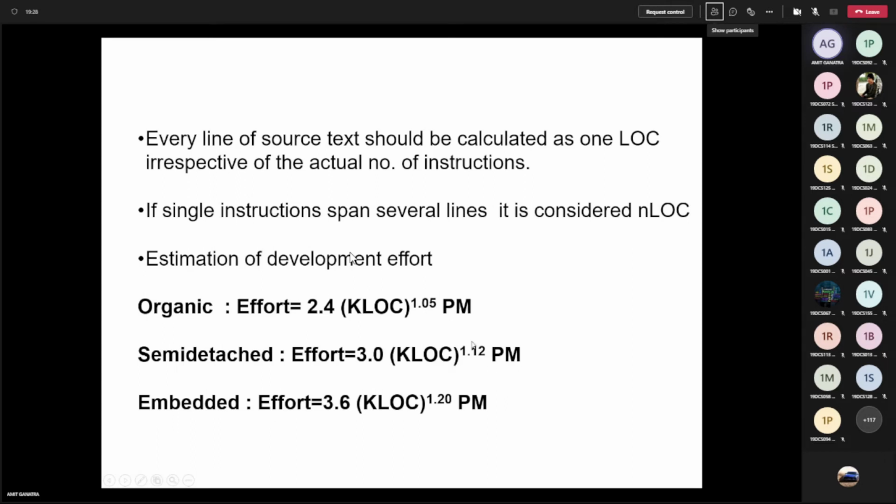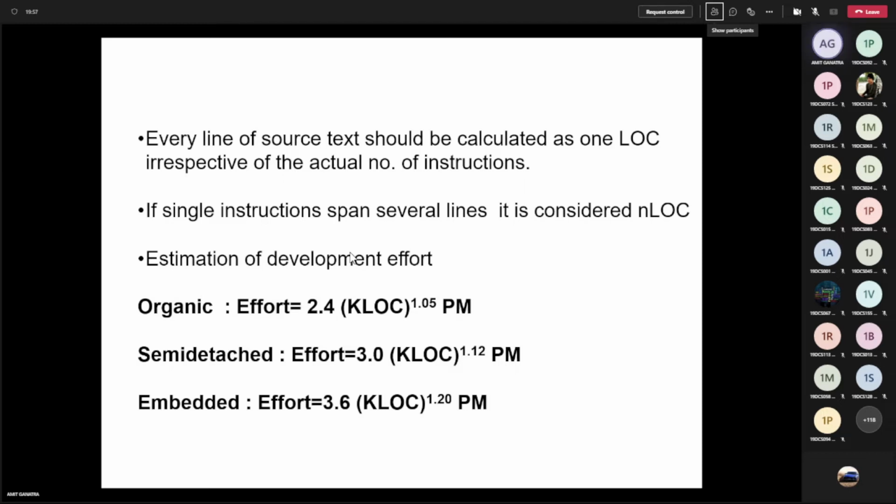Then if you add 0.07, it will become 1.12. And again, if you add 0.07, it will become 1.19. So roughly it will not make any difference if you put 1.20 or 1.19. So this is how you can remember the equations for all the 3 different categories for effort. Like 2.4 into KLOC raised to 1.05. Then you have to add 0.6 for your A1 and 0.07 for your A2.